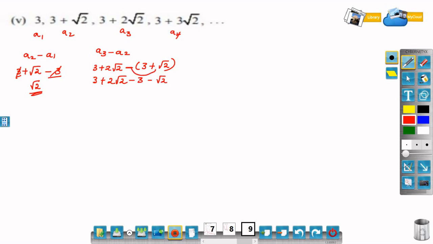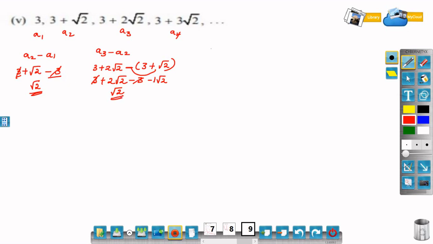When there is a minus before the binomial, put the bracket. So minus 3 minus root 2. 3 minus 3 is 0. 2 root 2 minus root 2: if I remove 1 root 2 from 2 root 2, the remaining is 1 root 2. That is root 2.